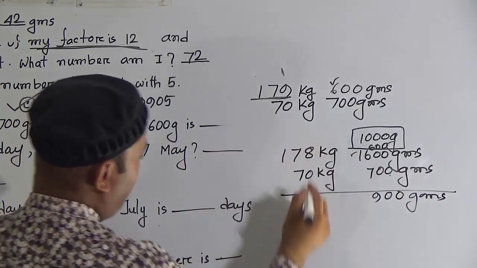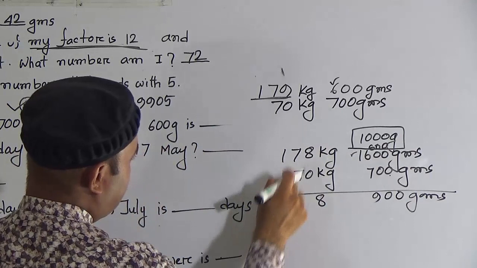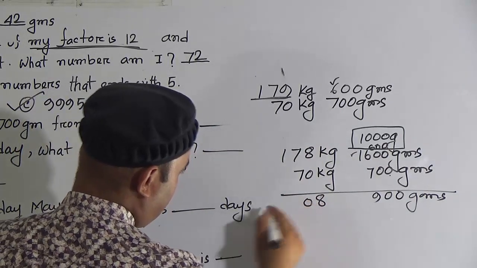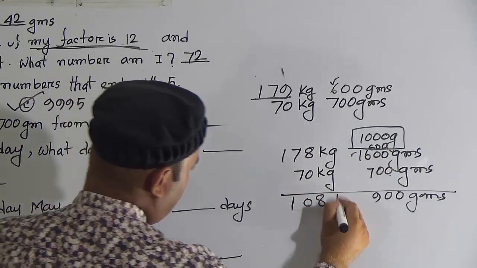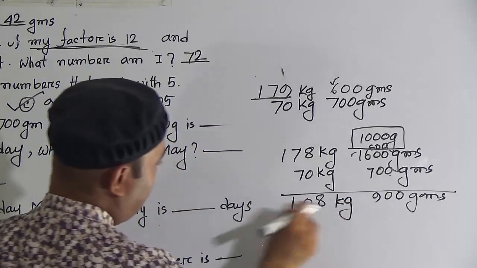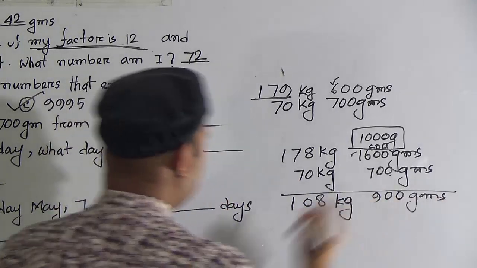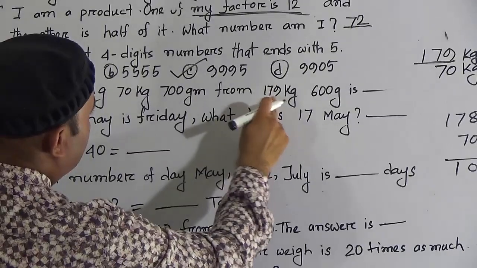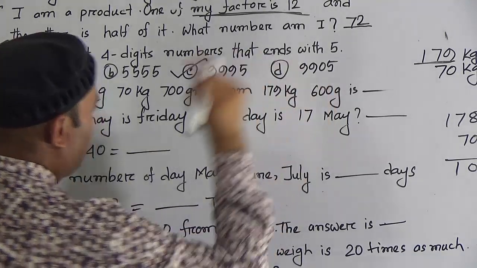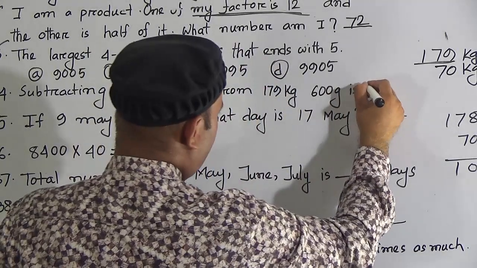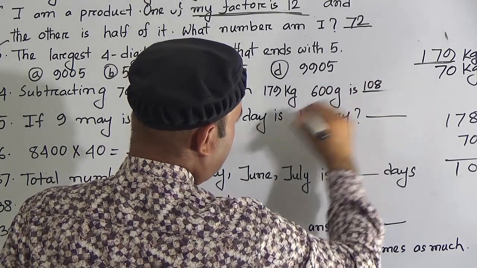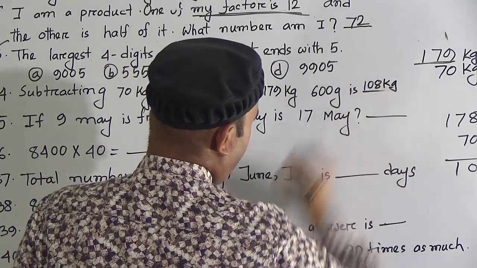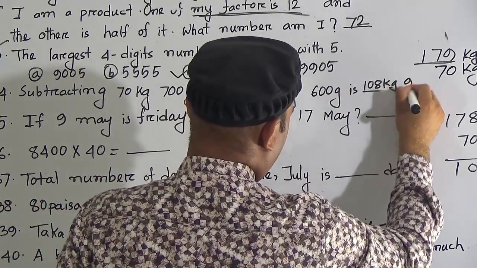Then 0 from 8 is 8, and 7 from 7 will be 0, and 1 is here. So it will be 108 kg 900 grams. So after subtracting 70 kg 700 grams from 179 kg 600 grams, it will be 108 kg and 900 grams.